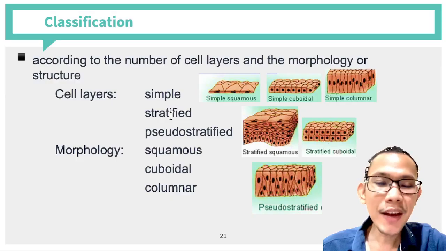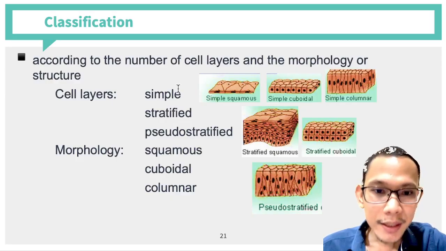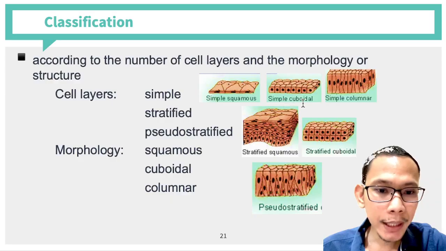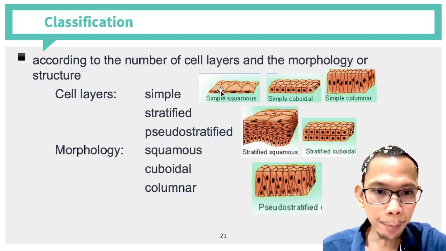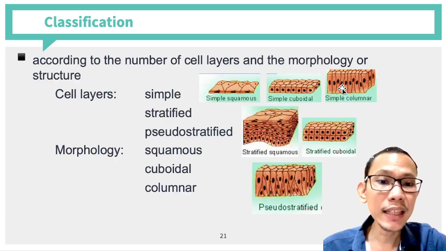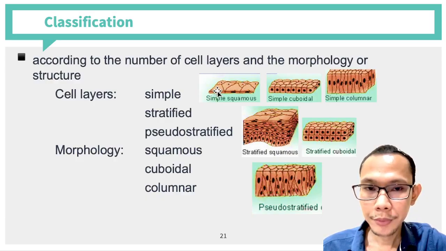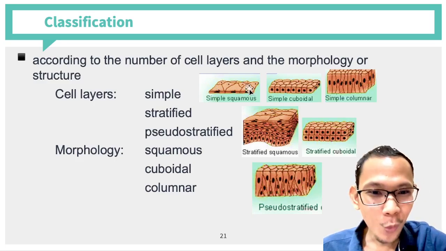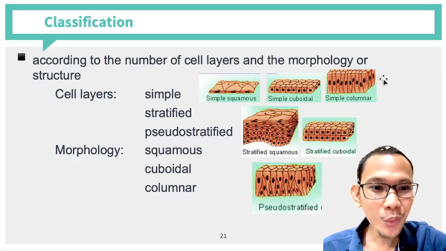Simple, stratified, or pseudo-stratified. Simple, anong napapansin nyo? This is an example of a simple squamous, simple cuboidal, simple columnar. How many layers ang nakikita ninyo? Simple, meaning to say, there is only one layer.